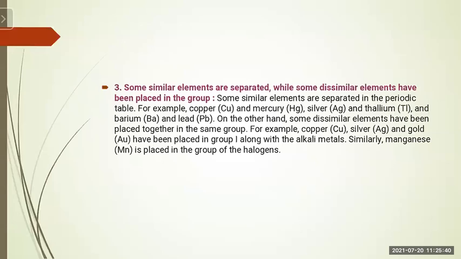On the other hand, some dissimilar elements have been placed together in the same group. For example, copper, silver, and gold have been placed in group 1 along with the alkali metals. Similarly, manganese is placed in the group of the halogens. What it means is that elements with similar properties are separated, and those with dissimilar properties are placed together.